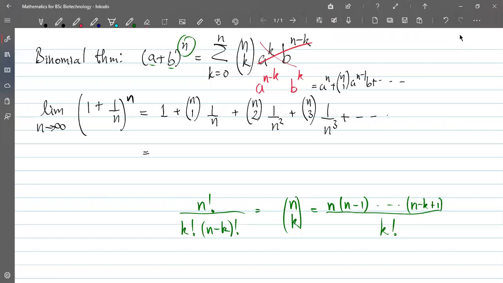So if we use this here, this is still 1. Here you have n times 1 by n. I'll cancel it later, but right now I'll just write nc1 is n. nc2 is n times n minus 1 upon 2, times 1 by n square.